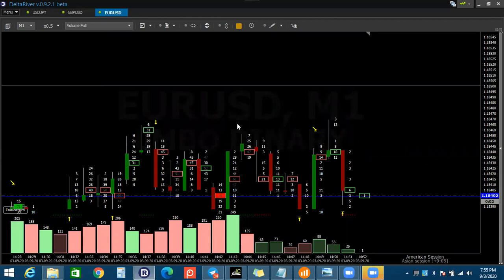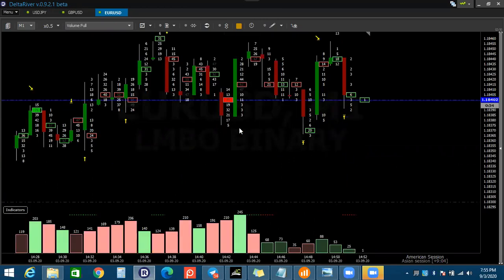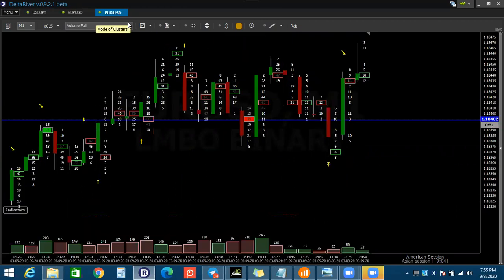So can I say on these candles, just looking at the candles, let's try to increase the size of the candle.